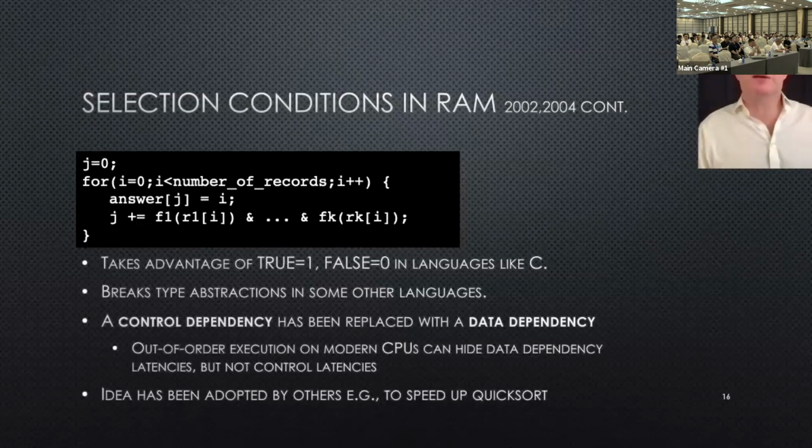Okay, just like we talked about abstractions of random I/O versus sequential I/O, a control dependency and a data dependency are two different ways of perhaps doing the same thing. And it turns out that data dependencies are actually much more efficient on modern processors than control dependencies.